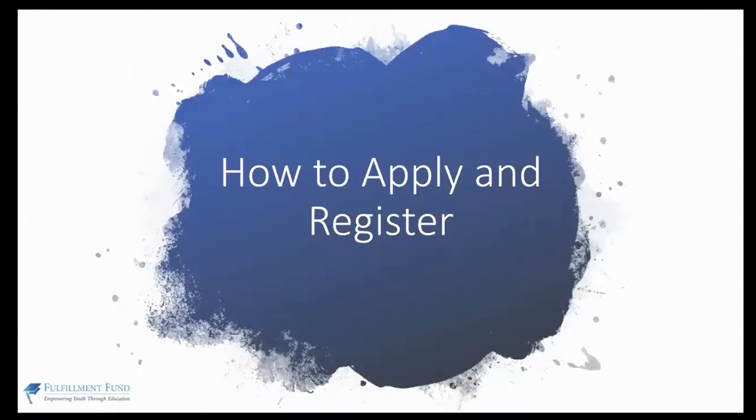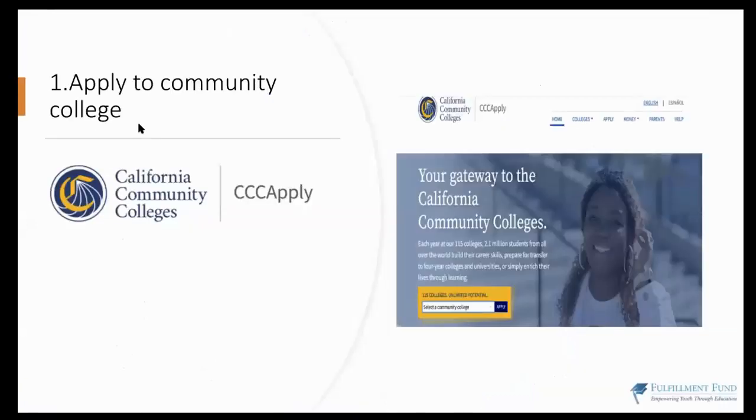Okay, so now we're going to go ahead and talk about how to apply and register. So we're going to focus on the step-by-step. Usually if you haven't already created an account or taken college classes, like dual enrollment classes, you would want to create an initial account. For those of you that have already taken community college classes, I know some of you may have taken classes through LACC, you should already have a student ID number and should already have an account.